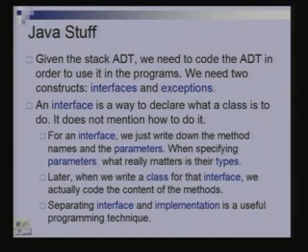For an interface we just write down the various names of the methods and the parameters those methods are going to take, and in fact, we do not even specify the names of the parameters, we just specify the types of the parameters. When we write a class for that interface, we will actually provide the code for those various methods.